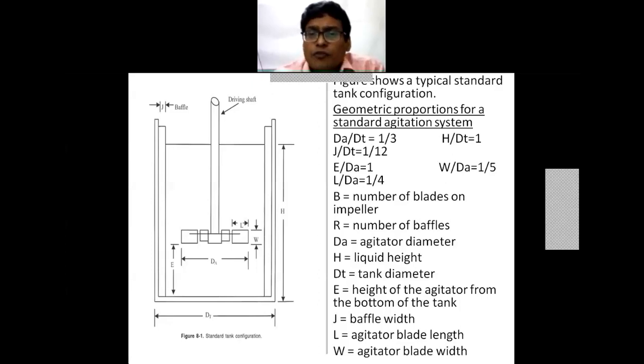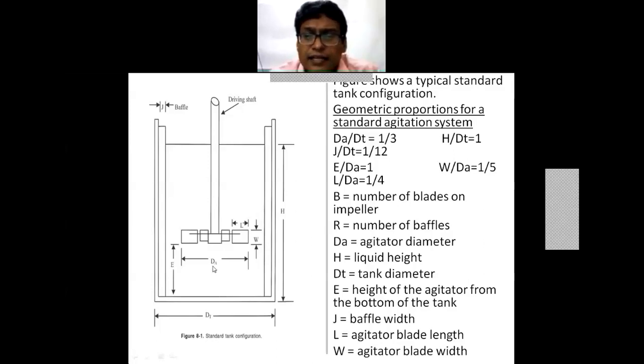Now looking at this figure, it's a standard configuration related to vessels. It's a diameter Dt, that is the diameter of the tank. H is the liquid height inside the vessel. The baffle width is defined as J. Then E is the height of the agitator from the bottom of the tank.